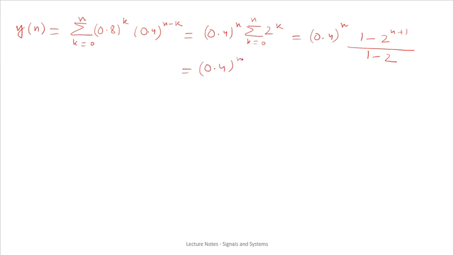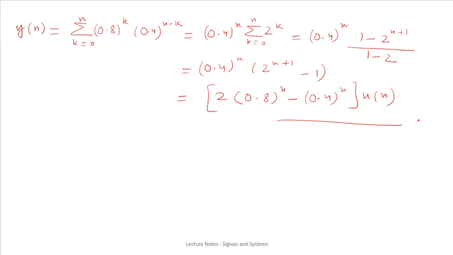So you can simplify it and you will get this kind of expression: 0.4 raised to the power n, 2 raised to the power n plus 1 minus 1, and when you simplify it one step further, you will get something like this expression. This will be the final answer for this problem.